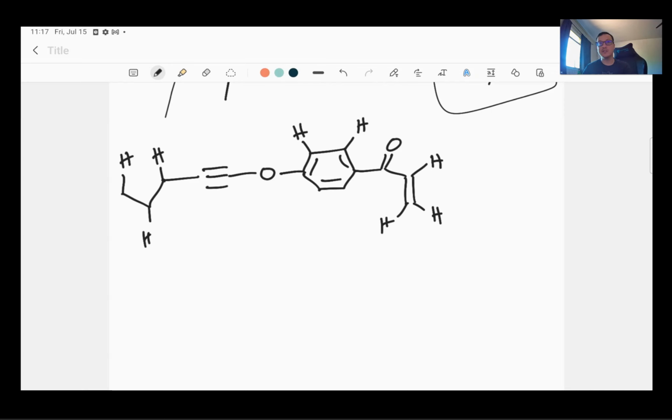Which of these do we think will be hydrogen A? Remember, A is our highest chemical shift. There are two hydrogens that are labeled as A. Remember, I'm only drawing in one of each type just because I wanted to be lazy, but fine, we'll draw them all in.